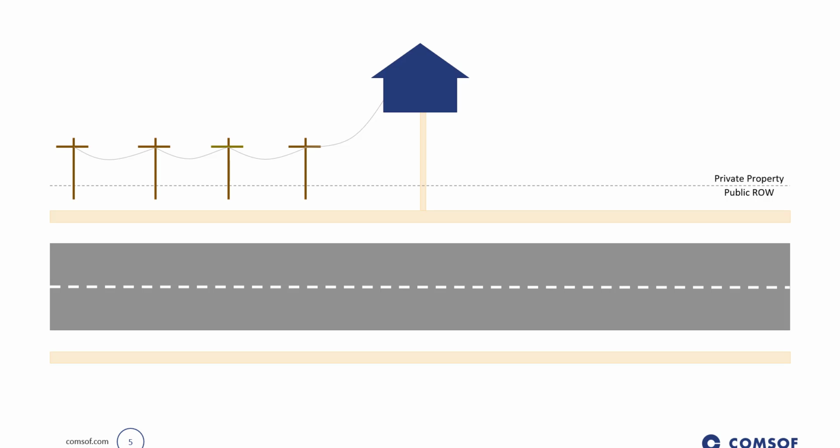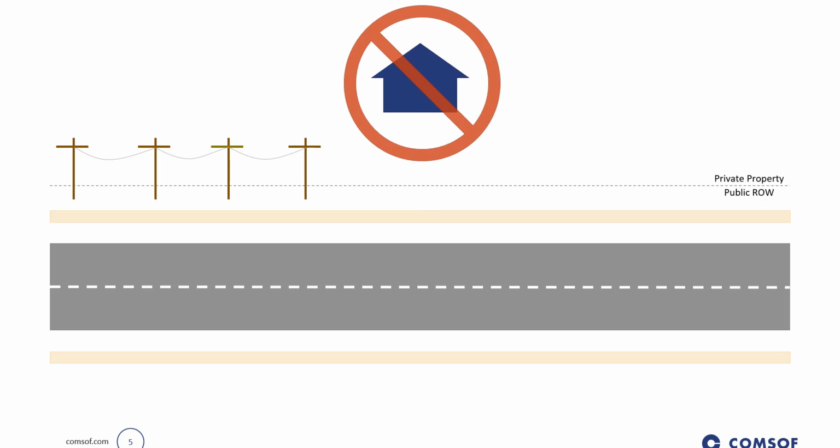Comsof Fiber Designer is capable of choosing between them to find the optimal route. However, all customer and central office locations still must be connected with one of these two options, either an aerial or an underground drop. If a site has neither, it will not be provided service.